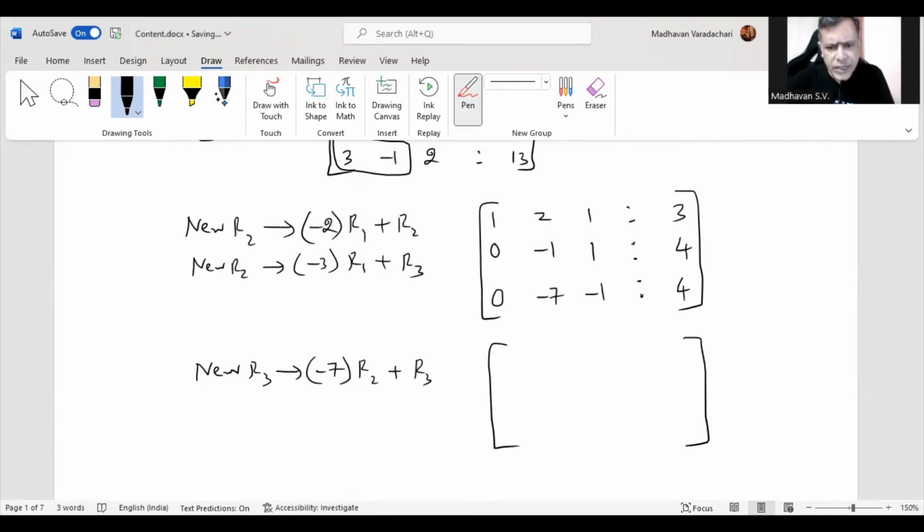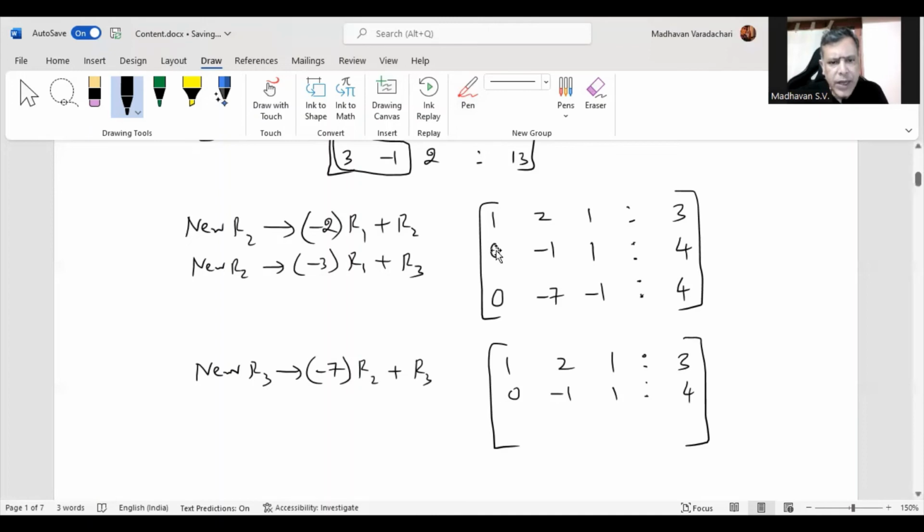So that means first row and second row, there is no change. 1, 2, 1, colon 3, and then 0, 0, minus 1, 1, colon 4. Now, minus 7 into row 2, minus 7 into 0 is 0 only. 0 plus 0 is 0. Then minus 7 into minus 1, it becomes positive 7.